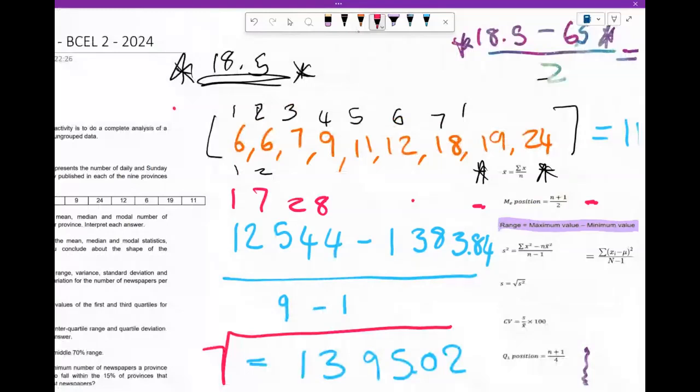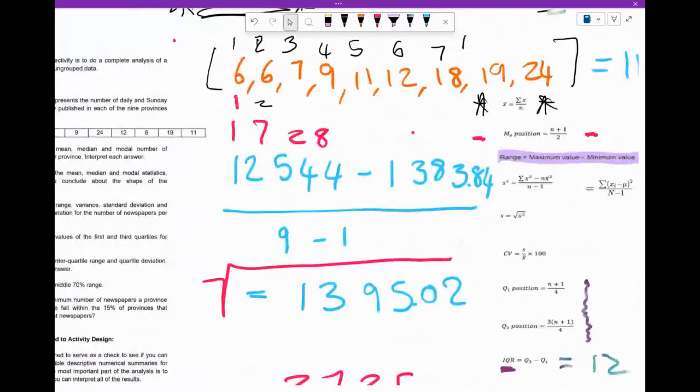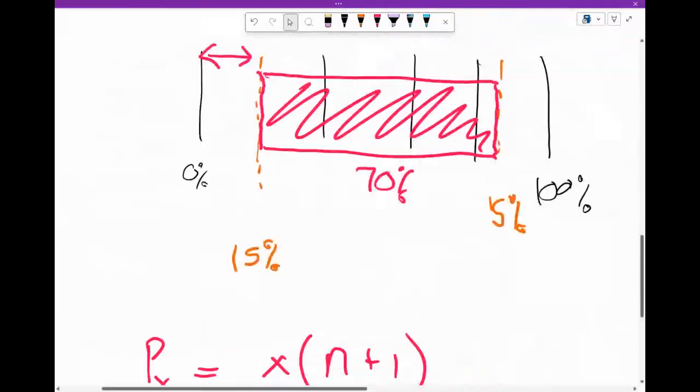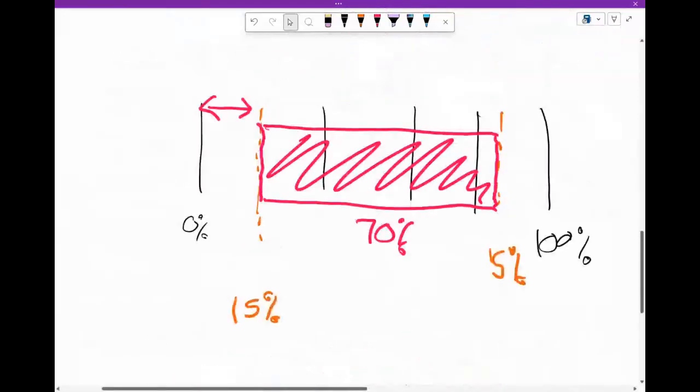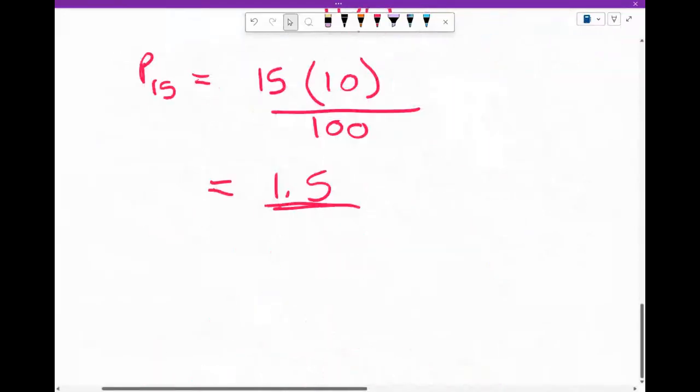We then say 1, and then we know half, right? But remember we said 6 minus 6 is going to give you 0. Can you see that? So half of 0 is 0, okay? So we're just going to take the 6. So our final answer for the 15th percentile is 6.